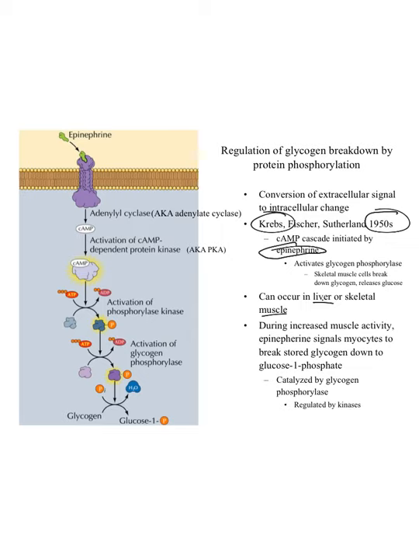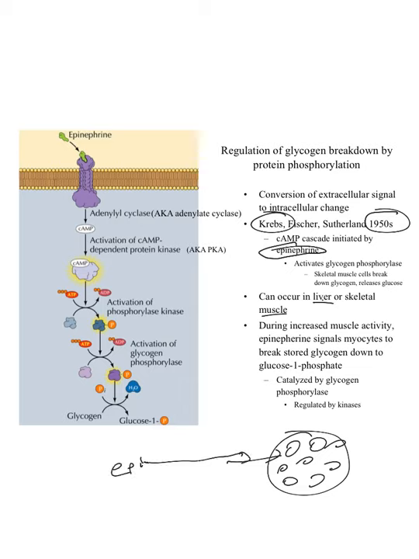They found that if you take a culture of cells and add to the culture medium a hormone called epinephrine, you can reliably detect changes inside the cells. One of the changes they noticed inside the cell was a rise in a particular type of cyclic nucleotide called cyclic AMP.